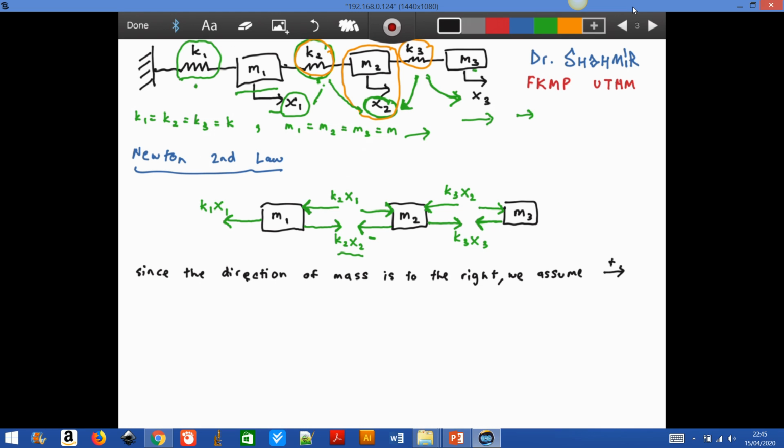Therefore, sigma F equals m x double dot.